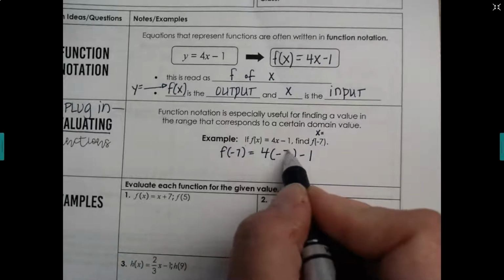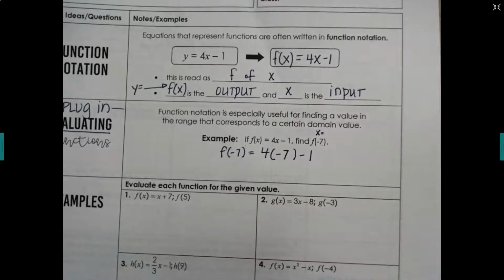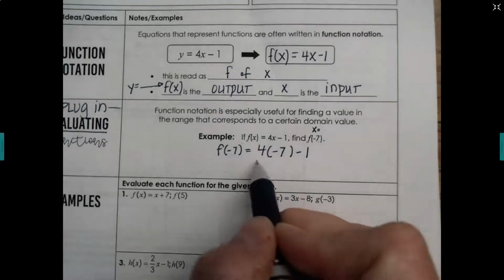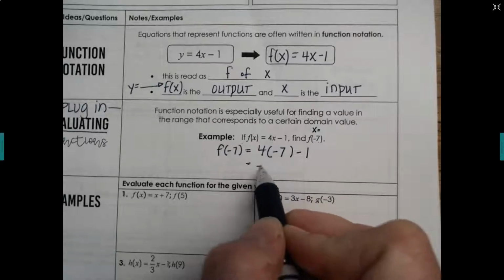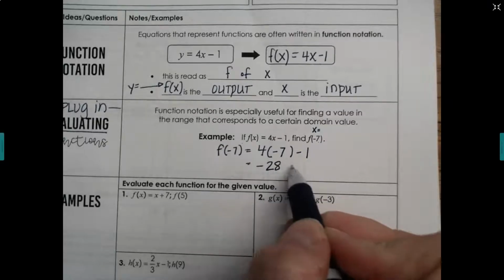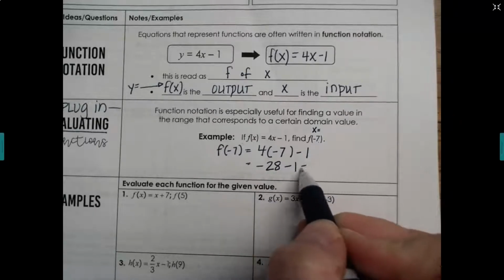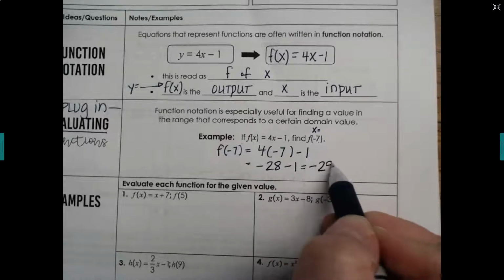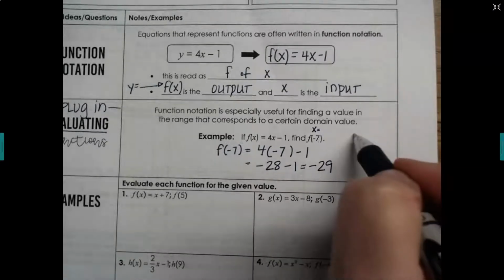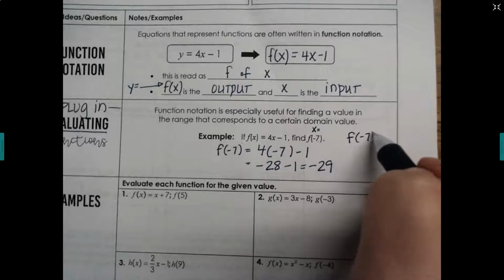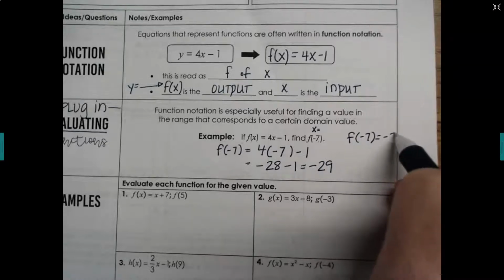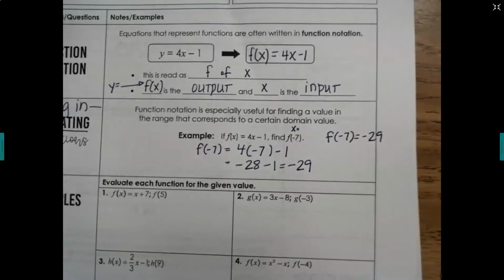So instead of the letter x, I'm going to put negative 7, and then we're going to finish that out. So this is 4 times negative 7, which is negative 28, minus 1 equals negative 29. So f of negative 7 equals negative 29.